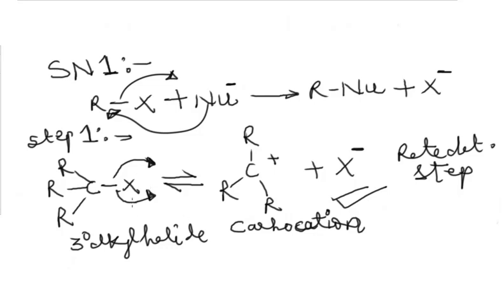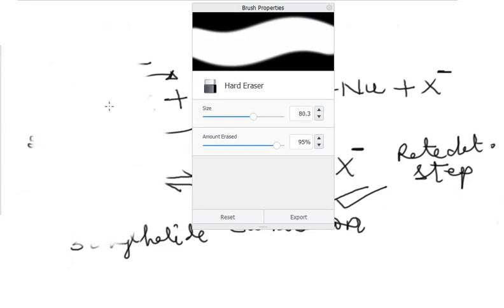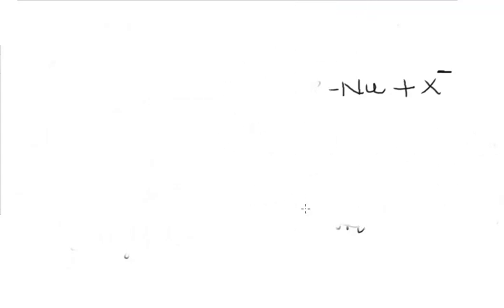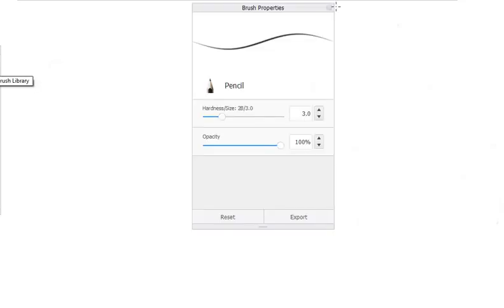Now let us talk about the second step. Now what happened in the second step? In the first step we have seen that there is a removal of halogen. Now the second step means the attack of the nucleophile. Now let us see how the nucleophile attacks. So in the next step we have C, and R, these are the alkyl groups.